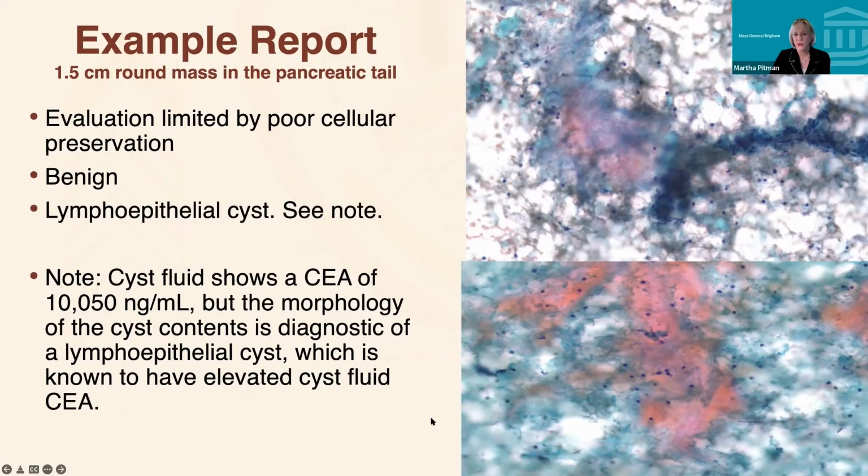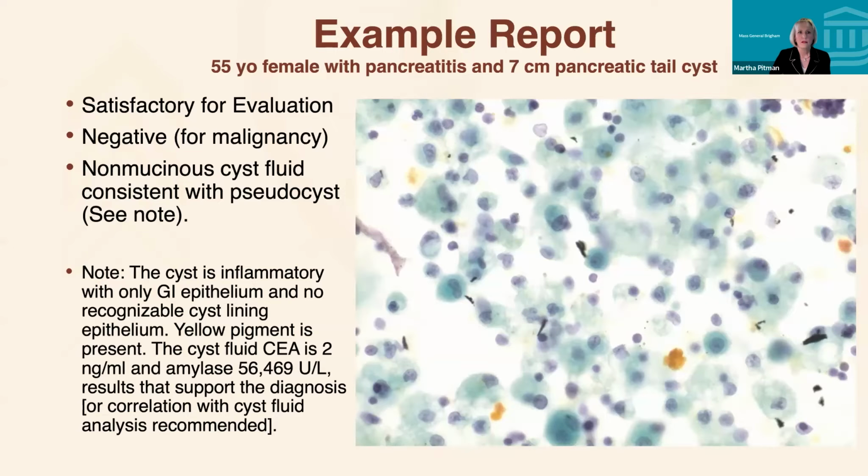One pitfall to always remember for those trainees out there, it'll probably be on your boards. A 55-year-old female with pancreatitis and a 7-centimeter pancreatic tail cyst. So pancreatitis is key here, large cyst. And all you see is these histiocytes, inflammatory debris, hematoidin, yellow pigment in the background, and no epithelial cells.